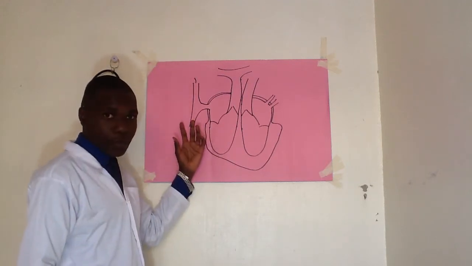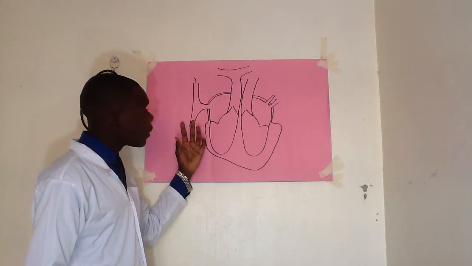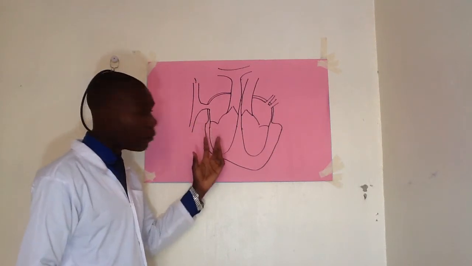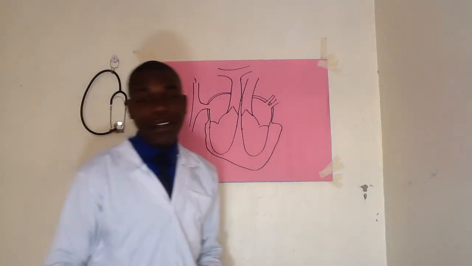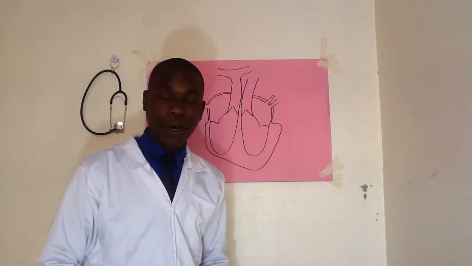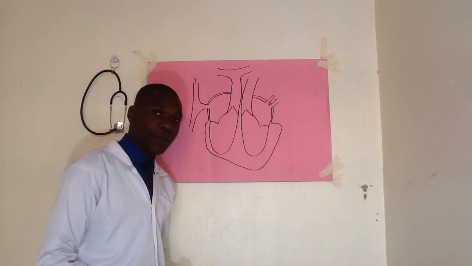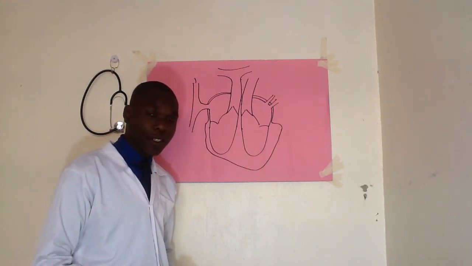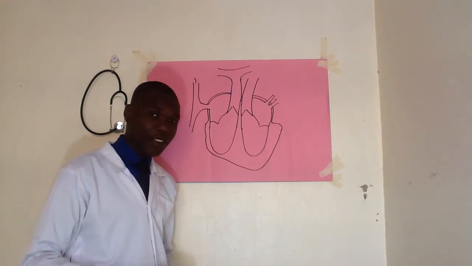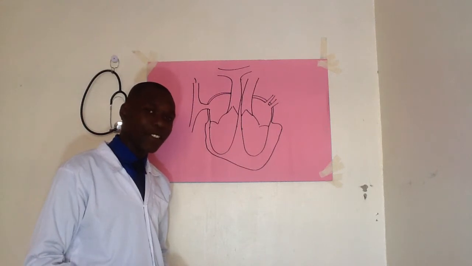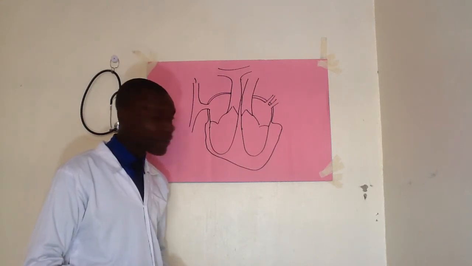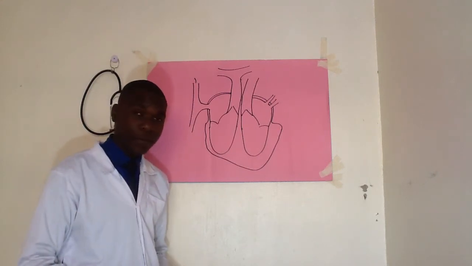Blood comes, we can start from blood coming from the body. That is the systemic saturation. I think we are already aware that we have two types of saturation: the systemic saturation and the pulmonary saturation.